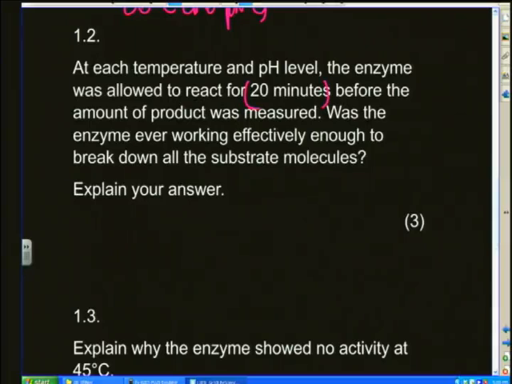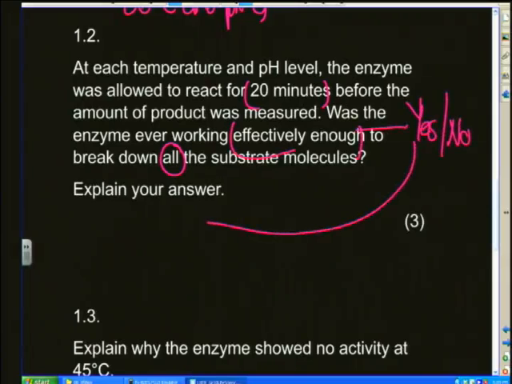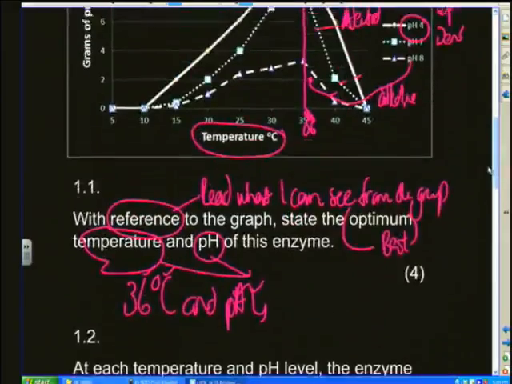Was the enzyme ever working effectively enough to break down all? Let's go back to the beginning question. So what do I want here? I'm going to answer a yes or a no. Then for my other 2 marks, do not forget to carry on reading. Explain.